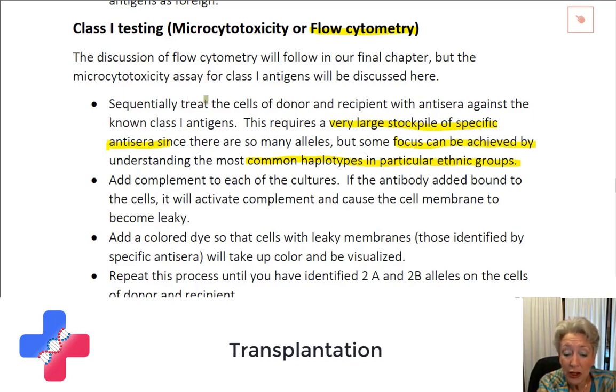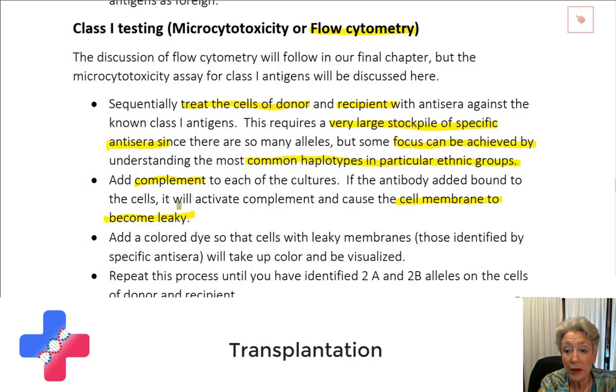I'm going to sequentially treat the cells of the donor and the recipient with antisera against all of the alleles that I have. After that has had a chance to bind and I've washed them, I will then add complement to each of the cultures. And if the antibody bound to the cell, reflecting that it saw its appropriate epitope, then complement would be activated and the cell on which the antibody bound would have a leaky membrane.